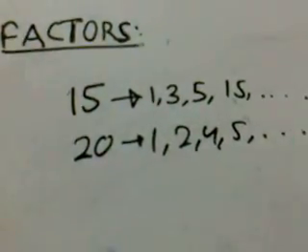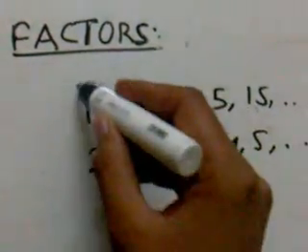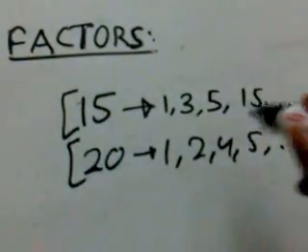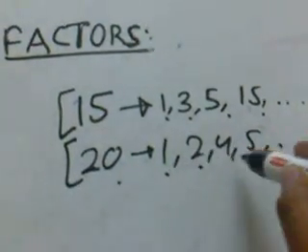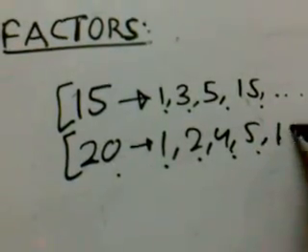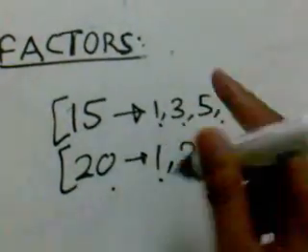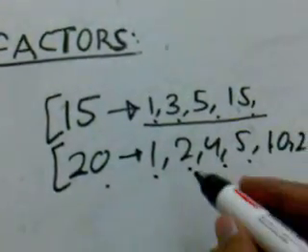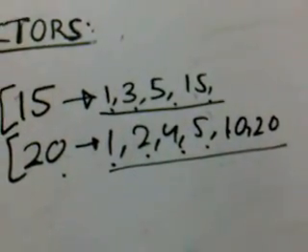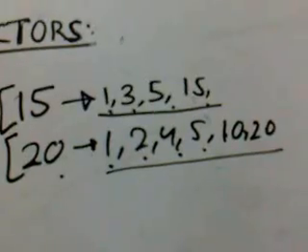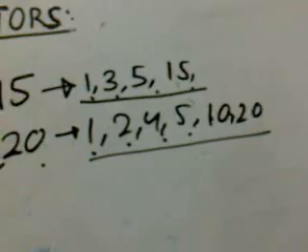For the highest common factor, first we will look at the common factors. Now we have two numbers, 15 and 20. 15 has factors 1, 3, 5, 15, and 20 has factors 1, 2, 4, 5, 10, and 20. Can we see some common factors, the numbers which are factors of both 15 and 20?